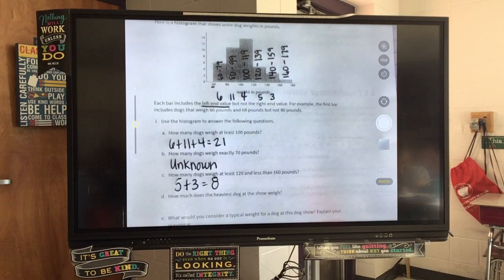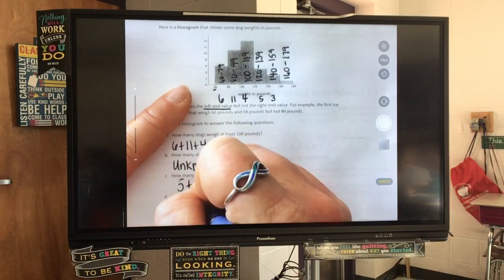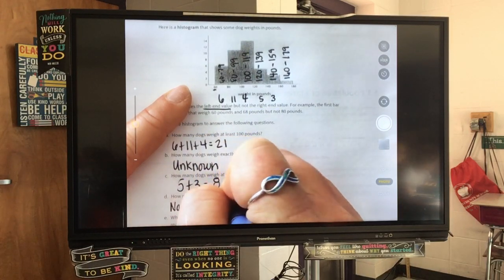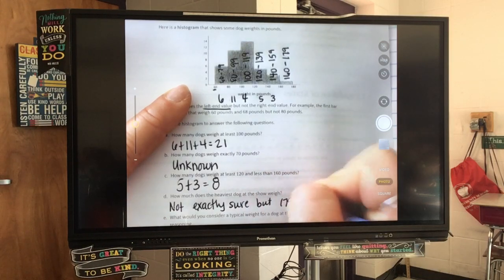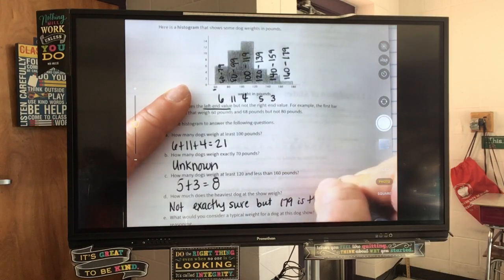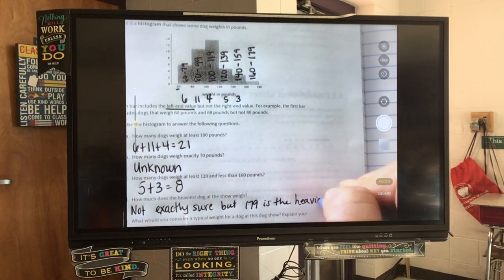So technically, we're not exactly sure, but we do know that we have a dog up to 179. So, not exactly sure, but 179 is the heaviest we can see.